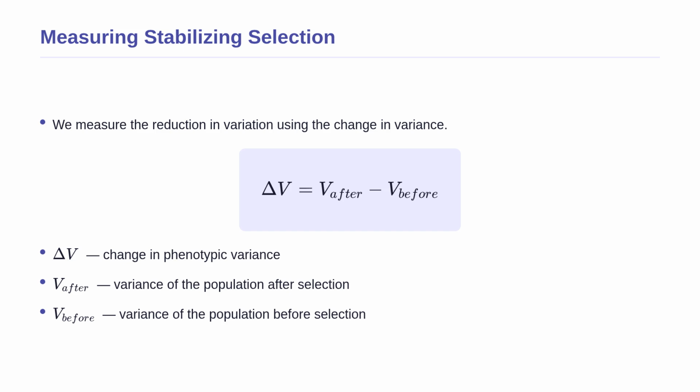We calculate this by taking the variance of the population after selection and subtracting the variance before selection. Because stabilizing selection removes the extreme outliers, the spread gets smaller. Therefore, the variance after is less than the variance before, which always makes delta V a negative number.